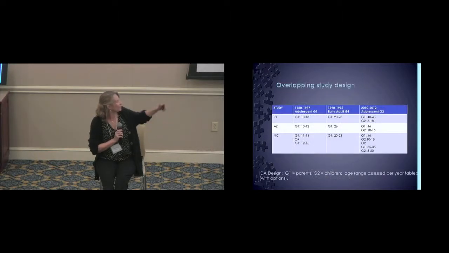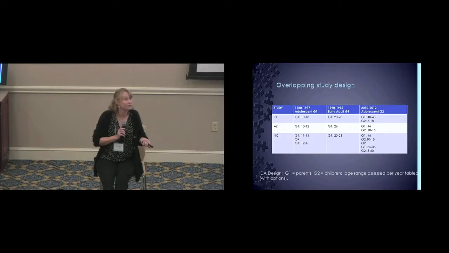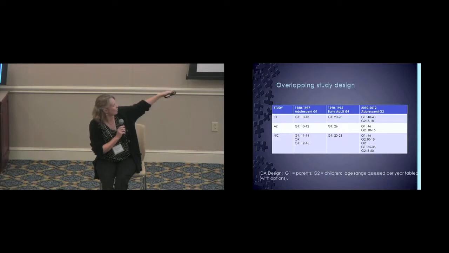And here's one. We know that we've got the 3 studies. We know we've got the 3 age periods that we might need to look at. And so I'm just going to start thinking about how each study fits into that, because often you're going to unpack the studies you're working with to put them together in sort of a different way than maybe the PI thought about it. So here I know that for my adolescent G1s, I've got assessments in Indiana when they're 10 to 13, in Arizona when they're 10 to 12, and in North Carolina, they got them a couple of times in adolescence, so I've got some choices there.